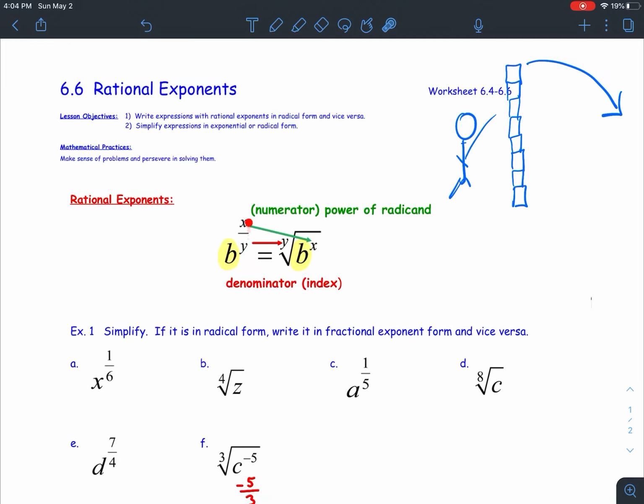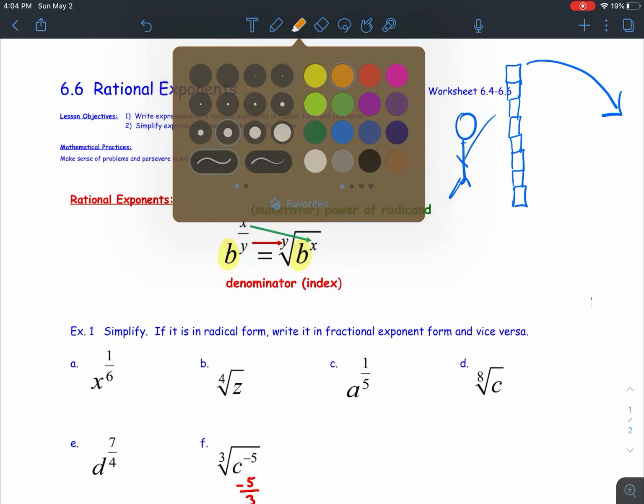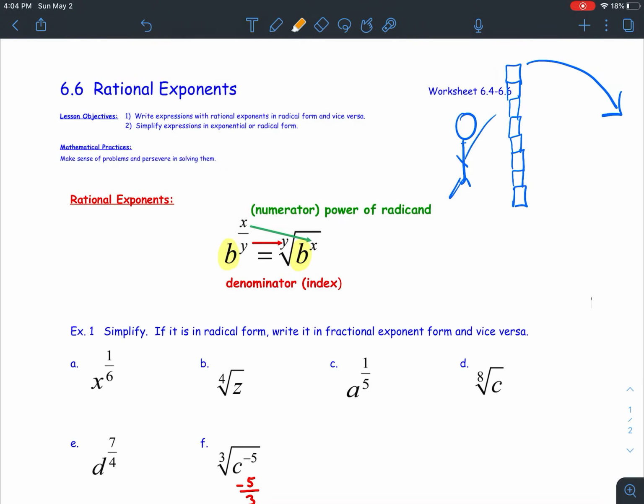Okay, so if you could picture this fractional exponent as like a tower of, say, 2 blocks, the numerator is obviously the top block, the denominator would be the bottom block. And if you stood over here on the left side where the base variable is, and you knocked this fraction over so it fell over on its side, similar to knocking a tower of blocks over, the numerator, the tallest block, should be the one that's going to fall farther to the right.